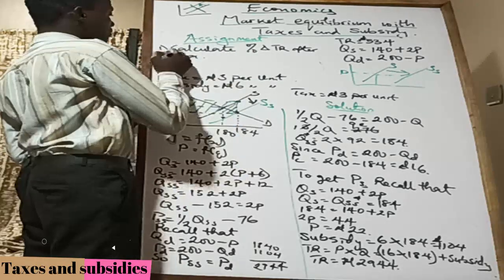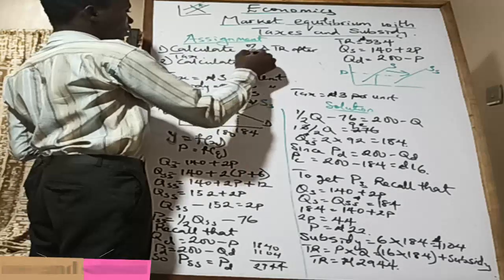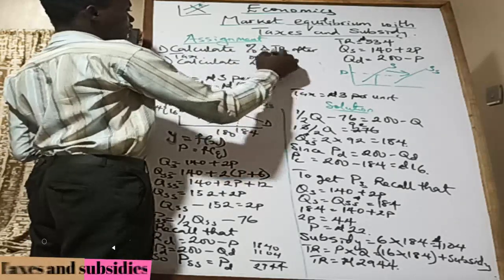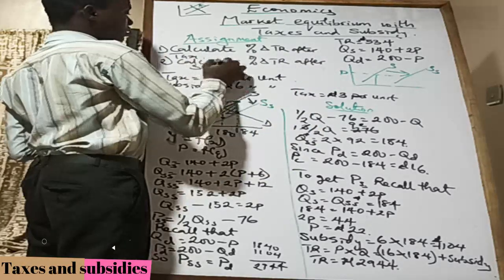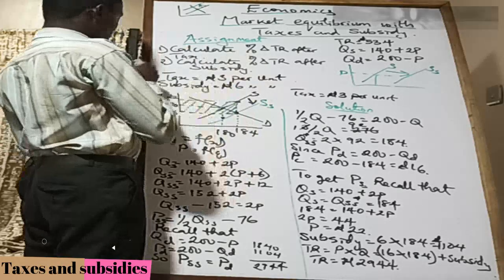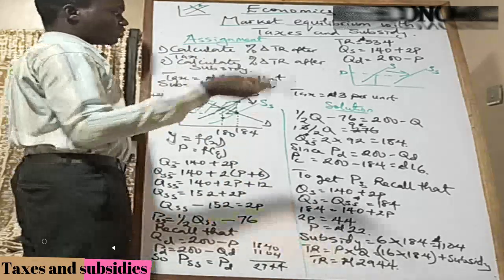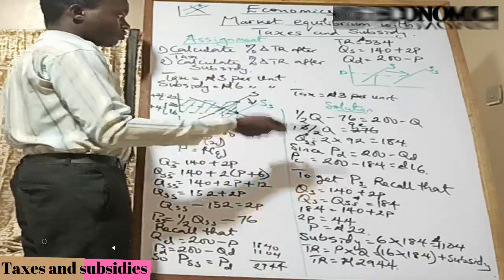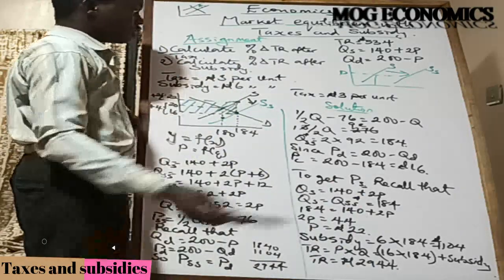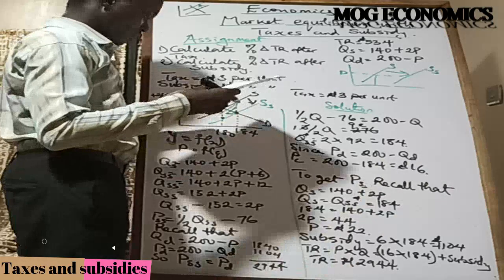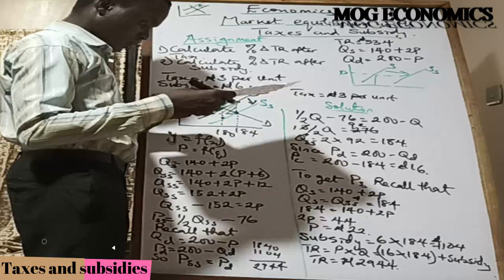You do that one first. Then two, you do the same thing: calculate the percentage change in TR after subsidy. We've already done the tax. So you just calculate your TR before the tax, then the TR after the tax, and do the percentage change. Then for subsidy, TR after subsidy, you've already gotten it, 2944. So just do the percentage change with the former one.